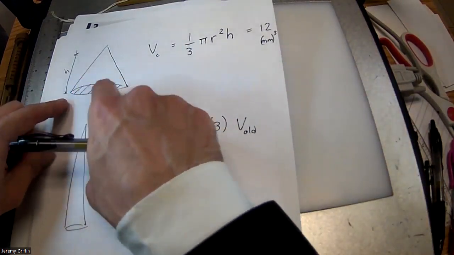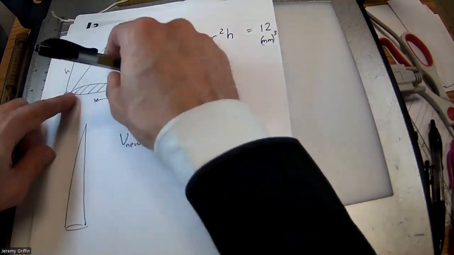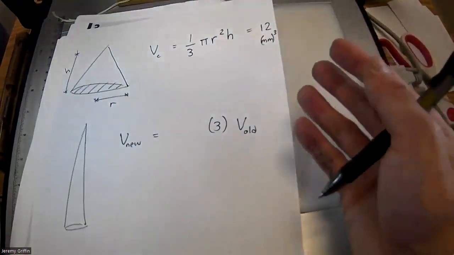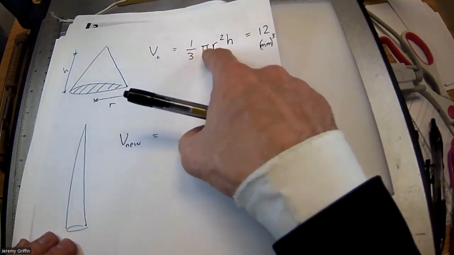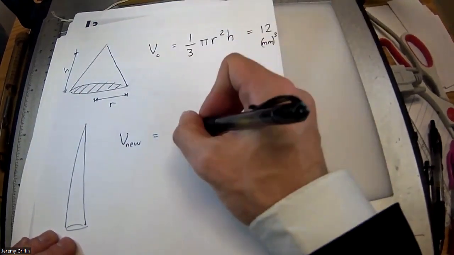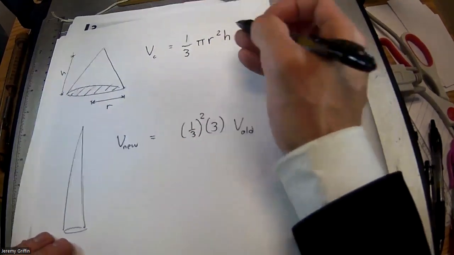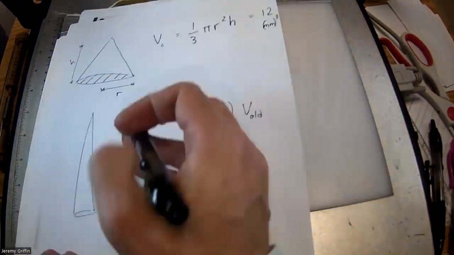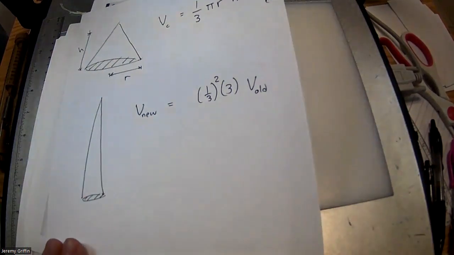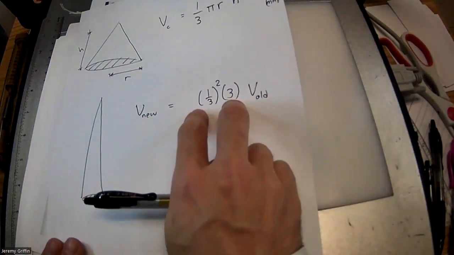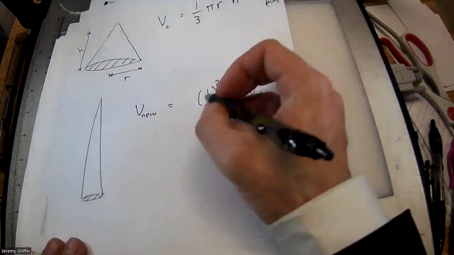If you left the base, the area of the circle, the same and just made it 3 times as tall, it would be 3 times the volume. But there's also a 1/3 factor on the r. So we're going to do 1/3 for the r, but don't forget that the r is being squared, which gives you a base that's only 1/9 of the original circle. So guys, what is a third squared times 3? What is all this?